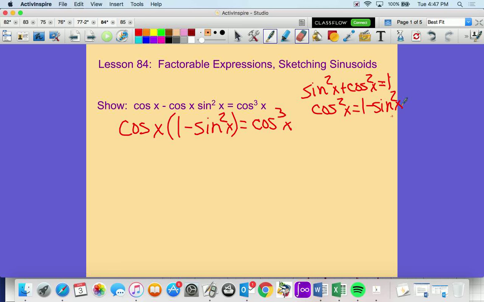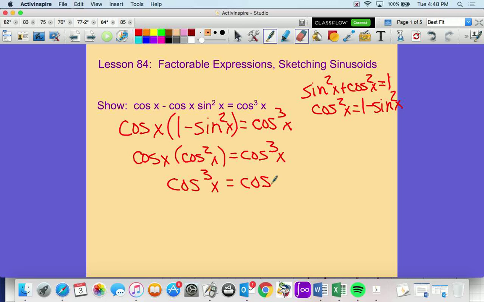And then because we have this 1 minus sine squared of x, that equals our cosine squared x. So cosine of x times cosine squared x equals cosine cubed x, and when we multiply these two together, there is our cosine cubed of x. And obviously the right side isn't going to change there.